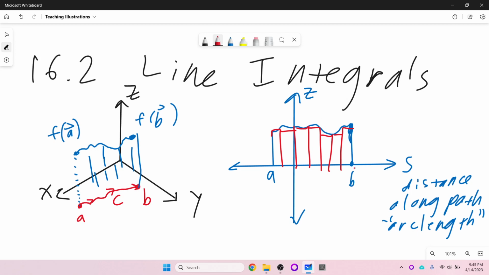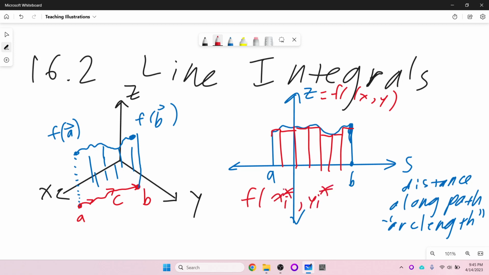And so we would integrate that as z is f of x, y. The area of each one of these would be f of xi star, yi star.